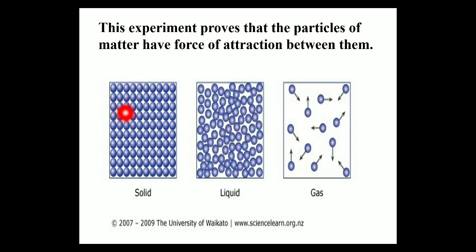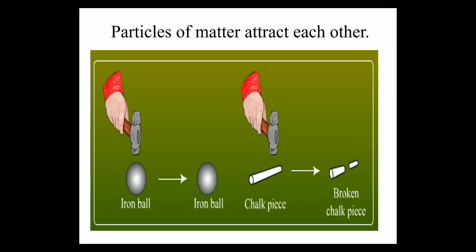If you compare solids and gas, the force of attraction is very, very less in gas. If you compare to liquids, the force of attraction between particles in gases is less. Okay, I hope you have understood the last characteristic of matter, that particles of matter have force between them.